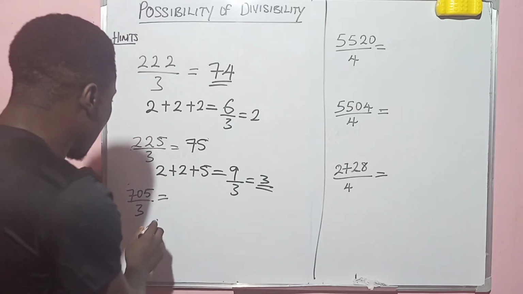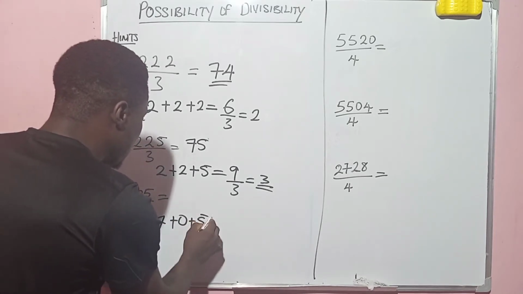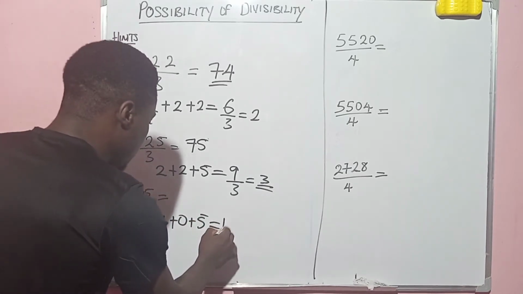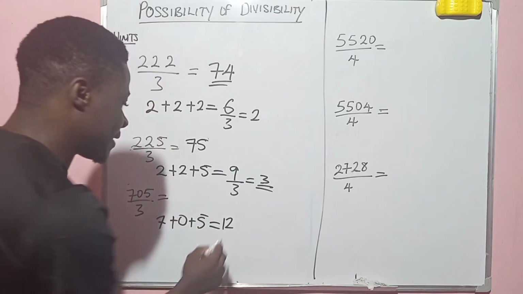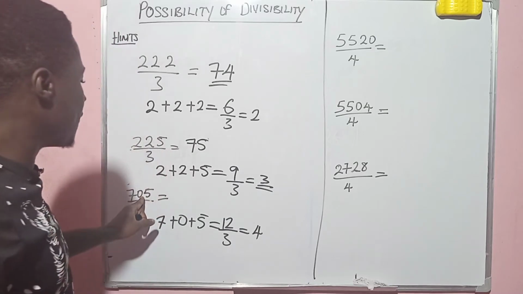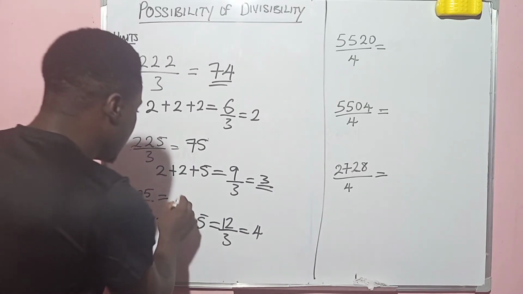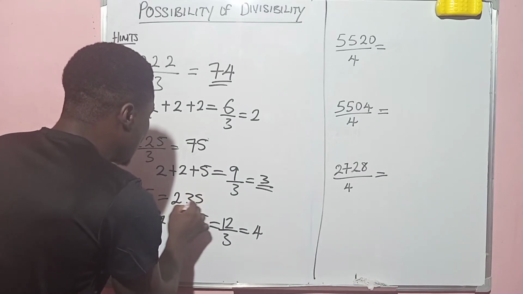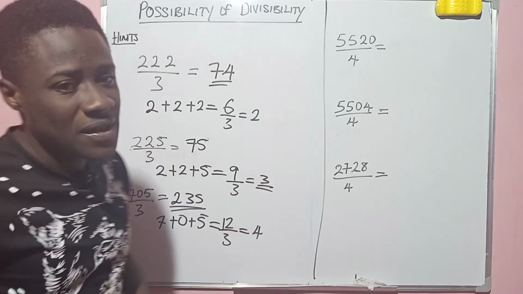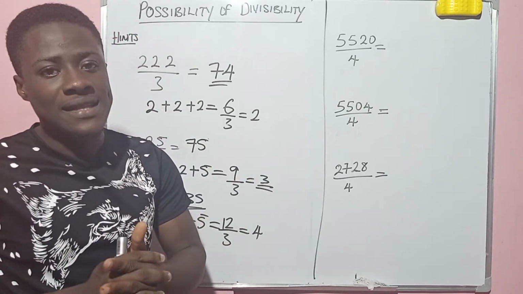When we add the digits, we're having 7 plus 0, then plus 5, which will give me 12. Can 12 be divided by 3? Yes. 12 divided by 3 will give me 4. So 705 is divisible by 3. So once 3 divides 705, I'll be having 235. So you can see, it's very easy to detect if a number can be divided by 3.